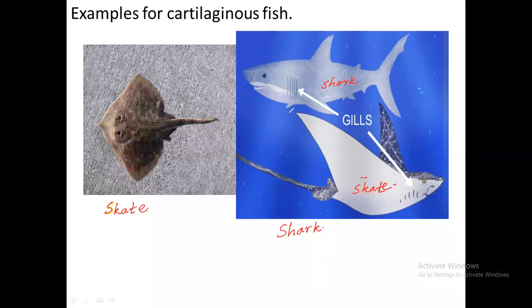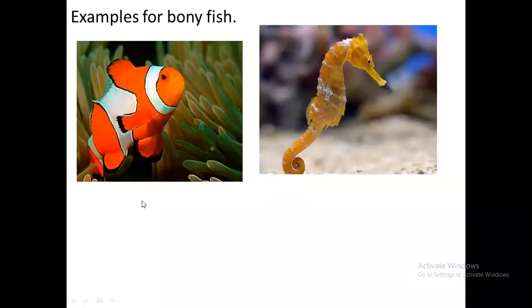Right. Examples for bony fish. For this we are saying kite fish.